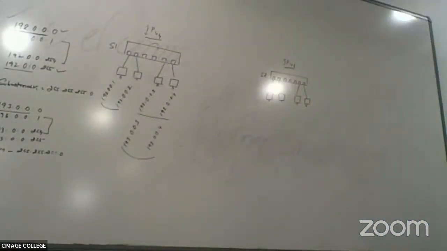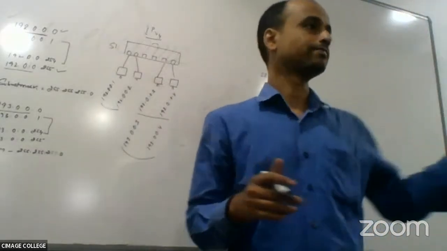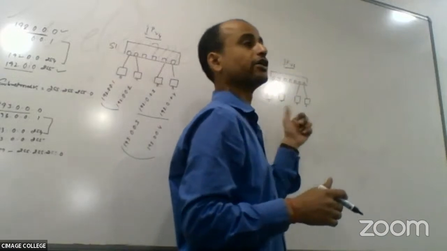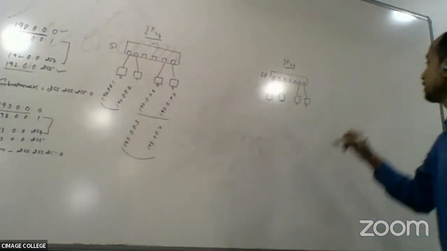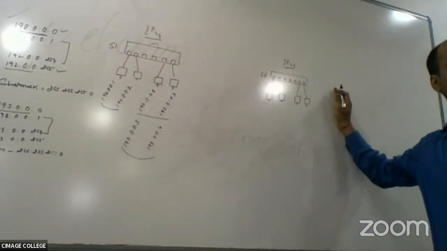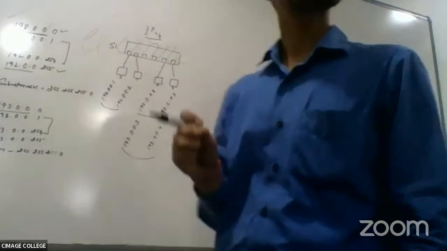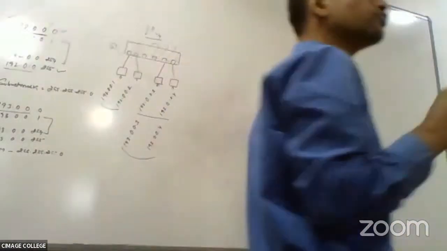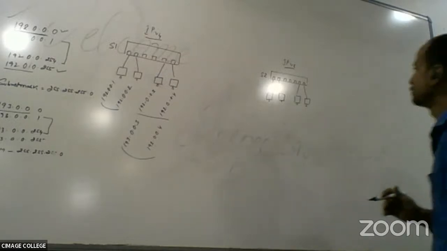Fine. Now, we will do the same thing, but with the help of IPv6. That's why I have drawn second network architecture. Now, here we have to decide IPv6 address. In IPv6, by default, first 64 bits are used to define network, and last 64 is used to define different hosts in a network, right? Because it is based on total 128 bits. Fine.